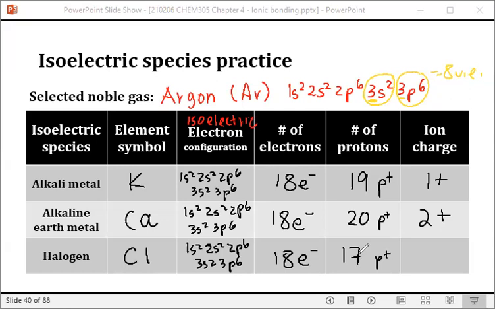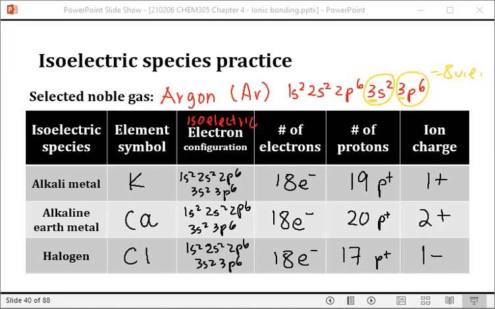So positive 17 plus negative 18 equals 1 minus. So this is how you can figure out the ion charges: looking at an element, picking out the closest noble gas, making that element isoelectronic with the closest noble gas, counting up the number of electrons and comparing that to the number of protons to get the overall ion charge.